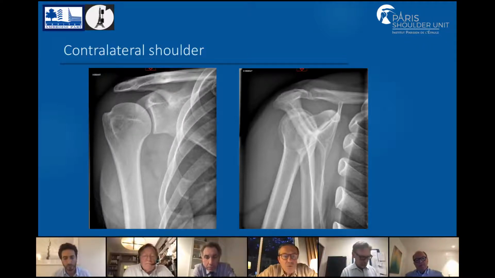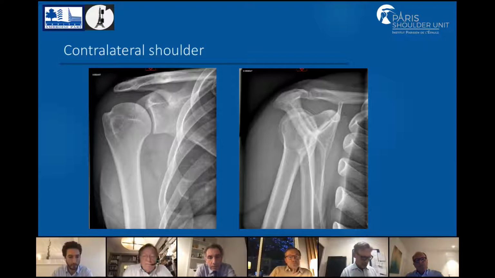The patient on this side has not yet had an injury and has probably another few years until he develops eccentric osteoarthritis. If we had a CT scan of the right shoulder, I would not be surprised if he had a static posterior subluxation.